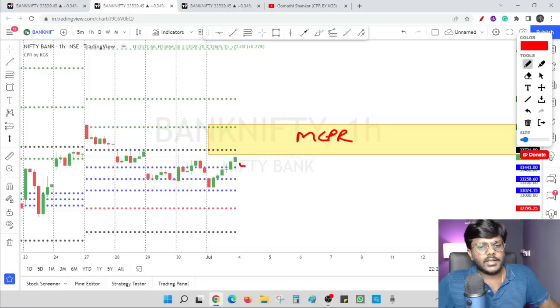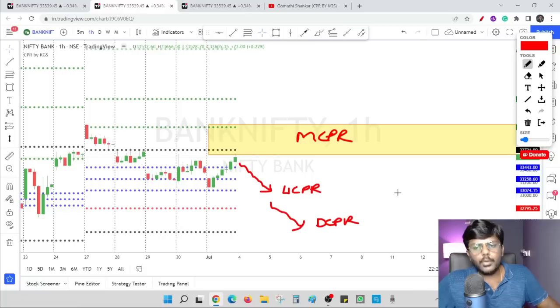If the prices are coming below weekly CPR and below daily CPR, I will go short. If the prices are above daily CPR and above weekly CPR, then I will focus on long opportunities for a quick scalping.